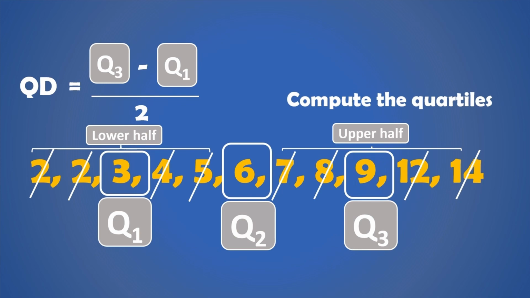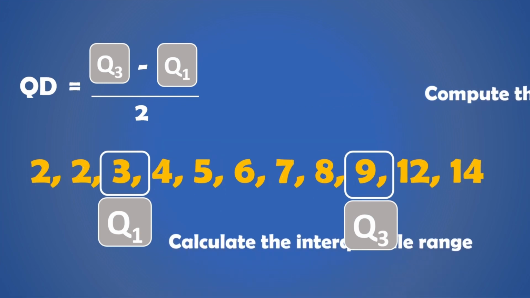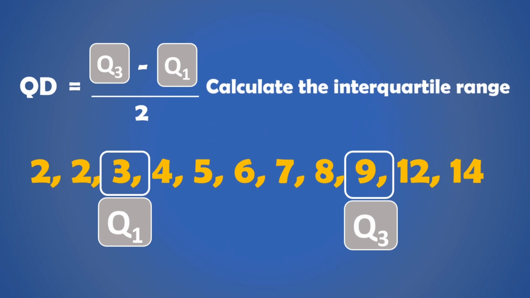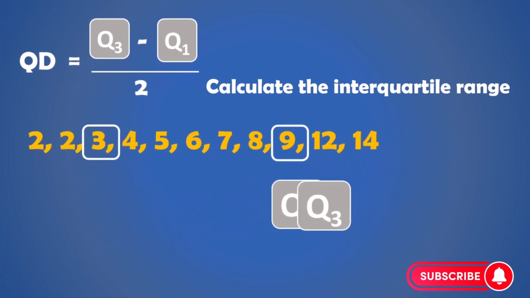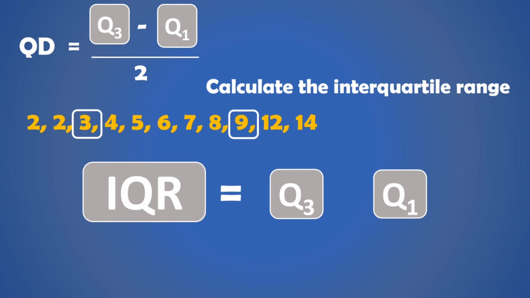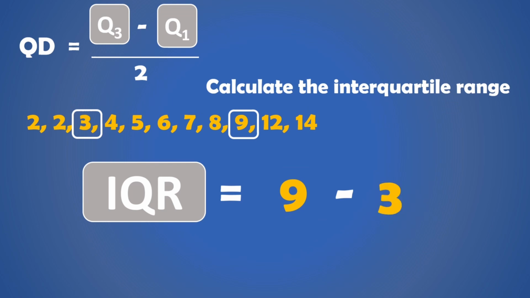Awesome. We will now go to our third step, which is to find the interquartile range. The interquartile range is the difference between the upper and lower quartiles, which is the difference between Q3 and Q1. So IQR, that's the interquartile range, is equal to Q3 minus Q1. So we'll say IQR is equal to 9 minus 3, that's equal to 6. So our interquartile range is 6.